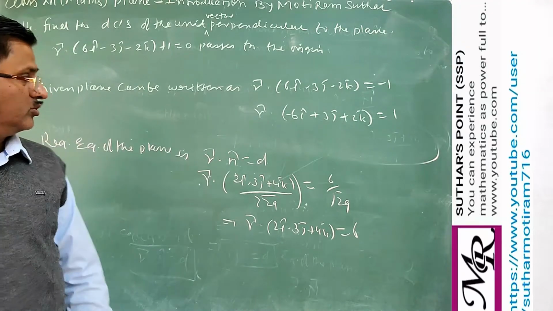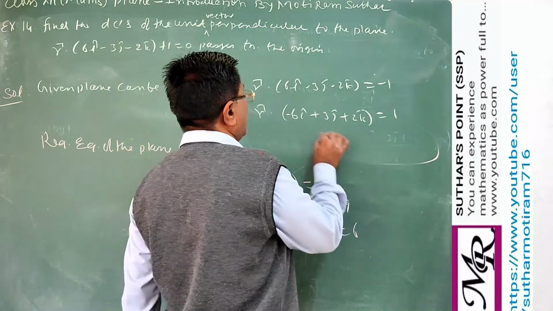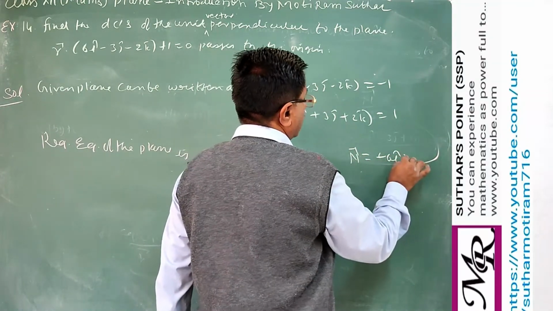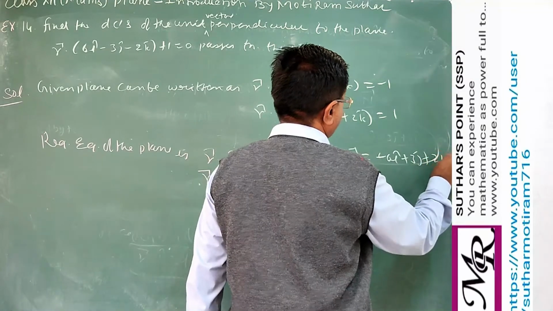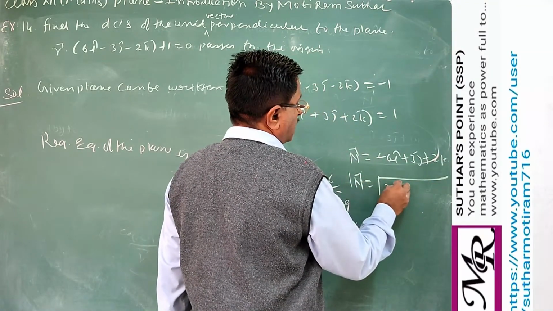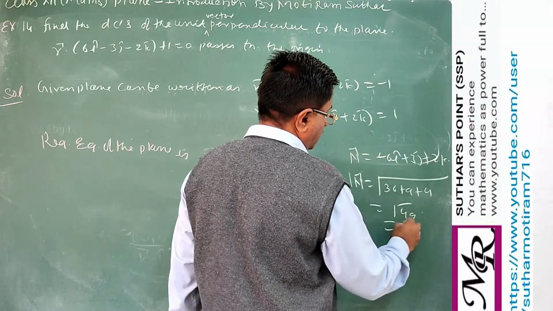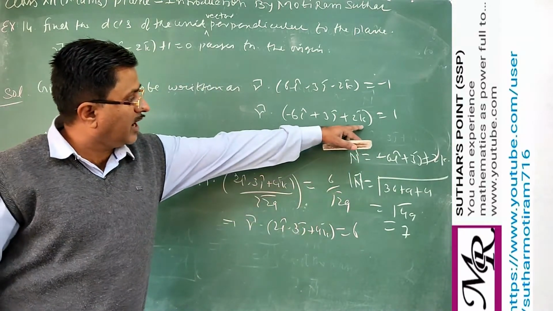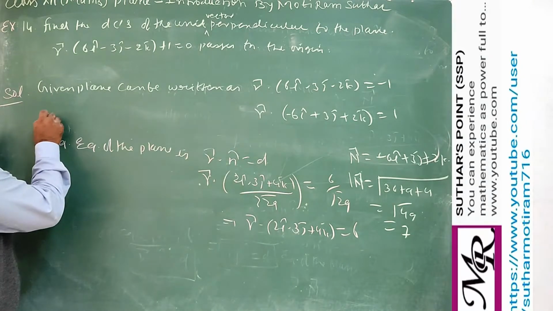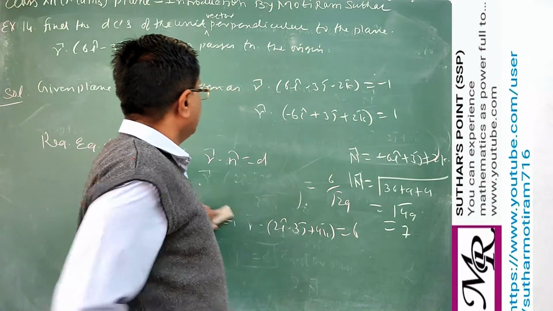Clear? Now this is positive, but this is not a unit vector, so we have to find the modulus. So this is the n vector, or normal vector. We find the modulus of the normal vector: 6 squared is 36, 9 and 4, root 49, that is 7. So if we divide by 7 we get n cap.